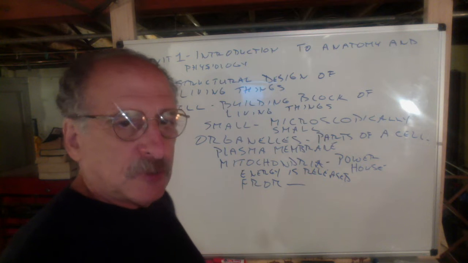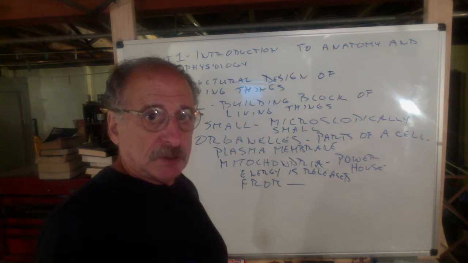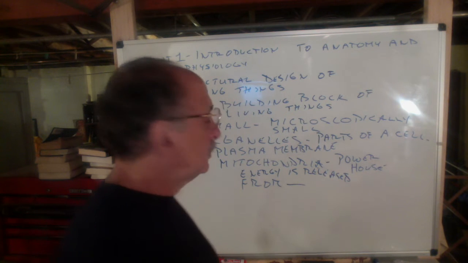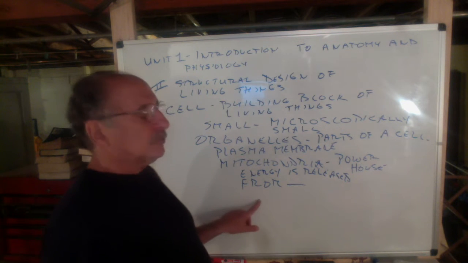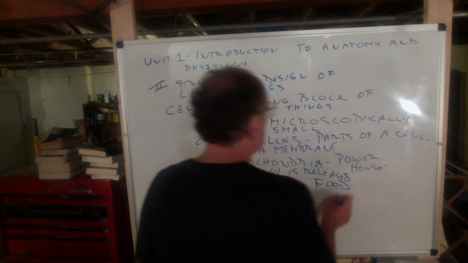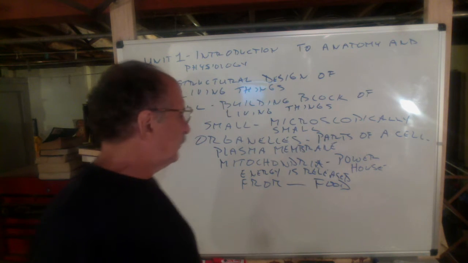I can't see you, I can't hear you, I got no idea what's going on. Some of you are texting, even though I can't see you. I know some of you are texting. Stop texting. Pay attention to the video. Energy is released from food. That's why it's called the powerhouse of the cell. That's where we get energy from.